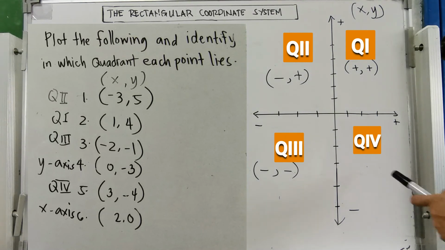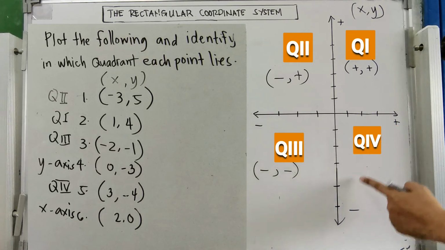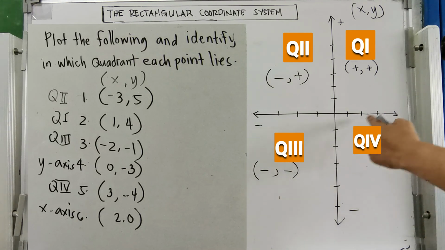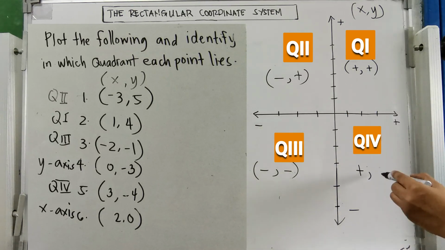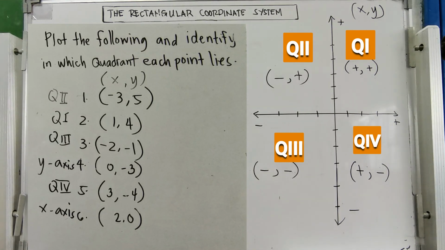Next, while in quadrant 4, since (x, y) ulit, so x coordinate natin. Lahat ng points na pwede lang mag-lie kay quadrant 4 ay positive yung value ng x, and yung y naman niya ay negative. So, yun lang yung dapat yung tandaan.